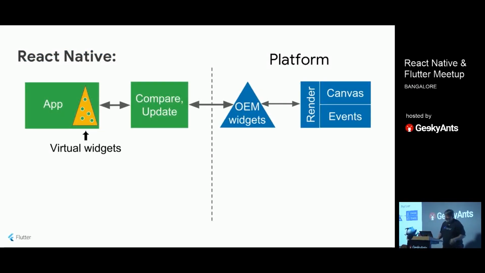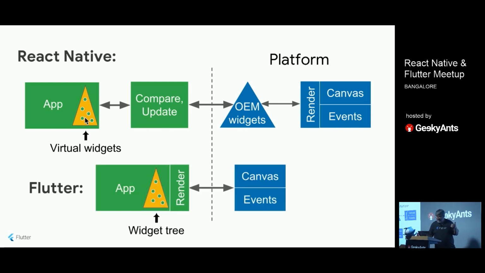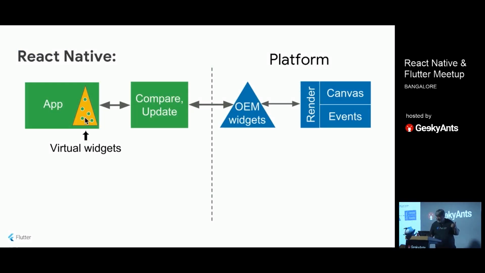All right, so quick, and yet another diagram. Here's React Native. The way React Native works is you have your app and you have a virtual tree of widgets that's built inside that. And if you have an animation or anything else going on, it keeps track of what's changing and it updates the platform's OEM widgets, right?